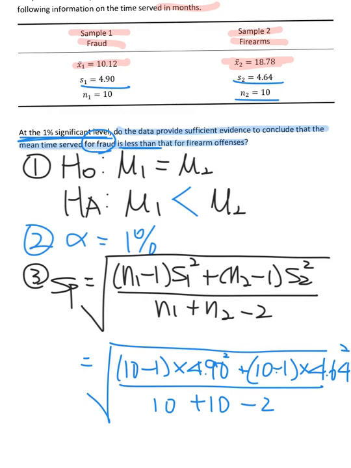When you take the SP, it is a very long calculation. So please take it part by part. Please don't plug 10 minus 1 in your calculator, we know it is 9. 9 times 4.90 squared, add the other 9 times 4.64 squared.